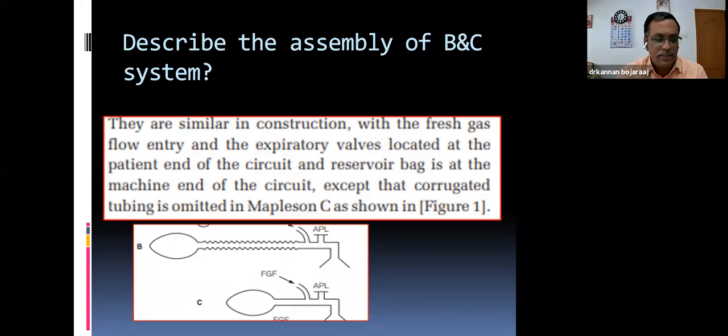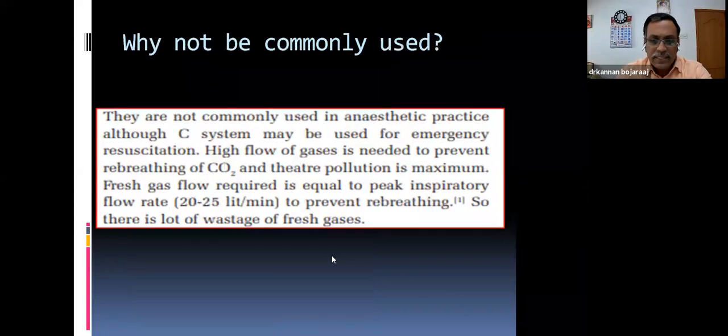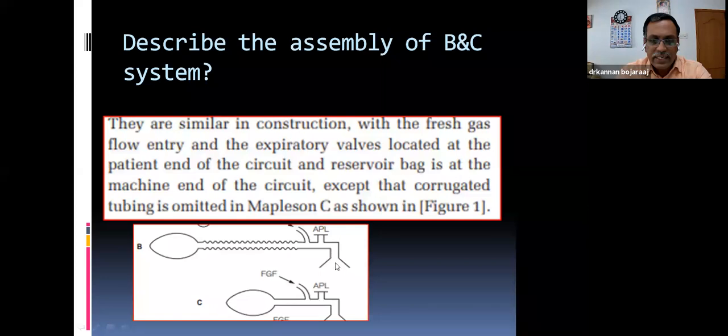fresh and expired gas. If the patient is expiring, the expired gas will go through this APL valve, provided the bag is full, or the expired gas will enter the reservoir tubing and the reservoir bag, and the fresh gas flow will expel the gases through the APL valve, which is mixed alveolar gas here and not here.